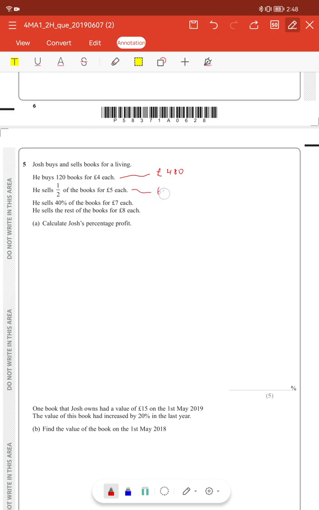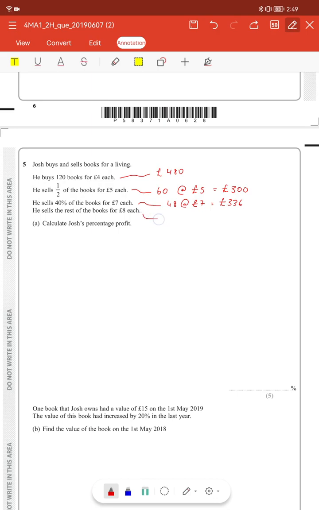He sells 60 books at £5, which would give him £300. He sells 40%, so 40% would be 48 books at £7, which gives him £336, and he sells the rest.